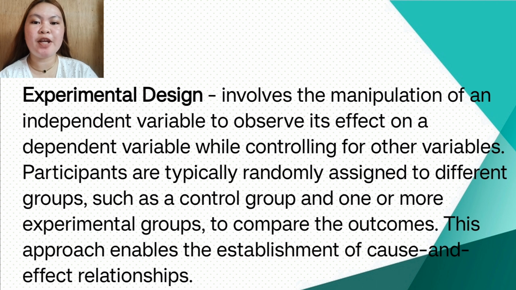It involves the manipulation of an independent variable to observe its effect on a dependent variable, while controlling for other variables. Participants are typically randomly assigned to different groups such as control group and one or more experimental groups to compare the outcomes. This approach enables the establishment of cause and effect relationship.